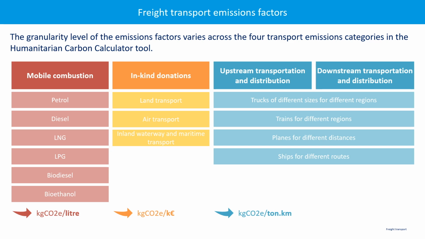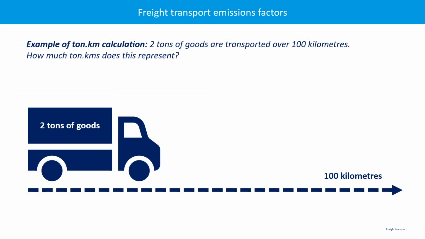So what exactly is a ton kilometer? 1 ton kilometer represents the transport of 1 ton of goods over a distance of 1 kilometer. Let's take one example. Imagine we have a truck transporting 2 tons of goods over a distance of 100 kilometers. How many ton kilometers does this represent?